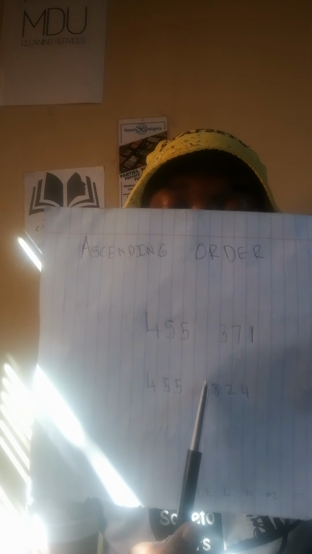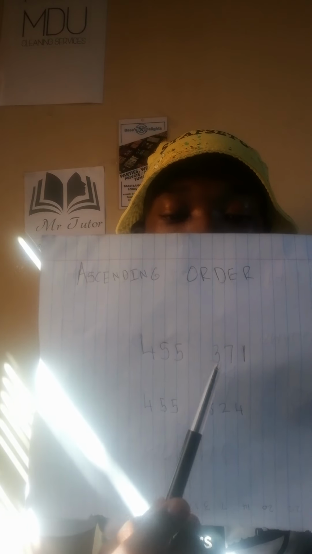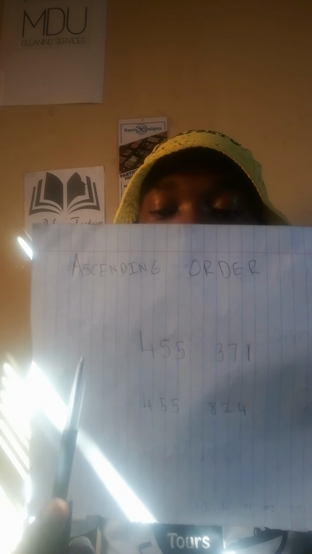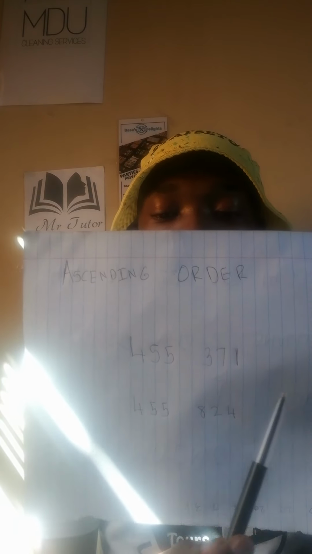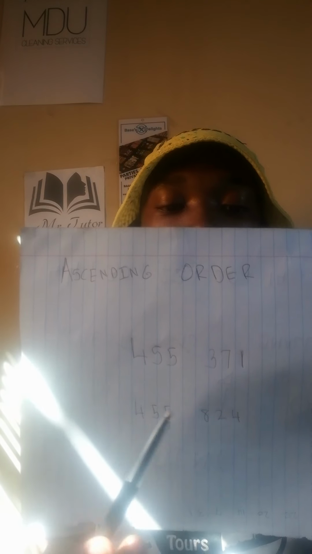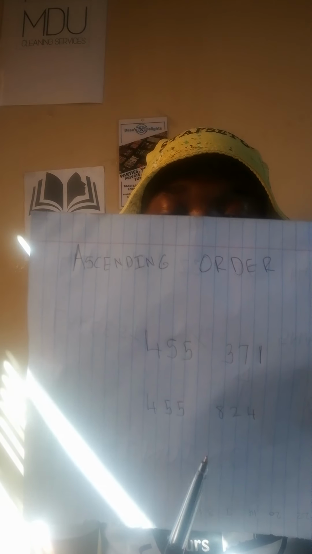That's where you start knowing which number is bigger than the other. Based on that, you can then start drawing your number pattern. If they say construct these numbers or place them in ascending order, you know that ascending order is from the smallest to the biggest.